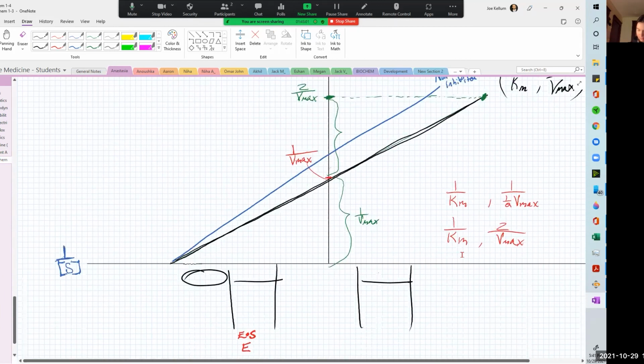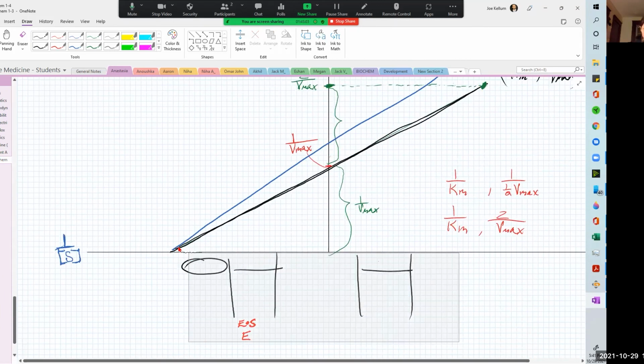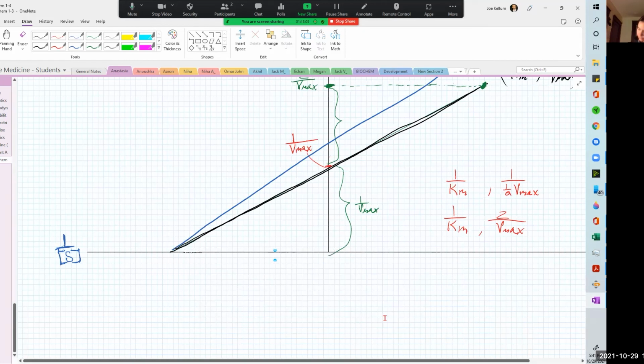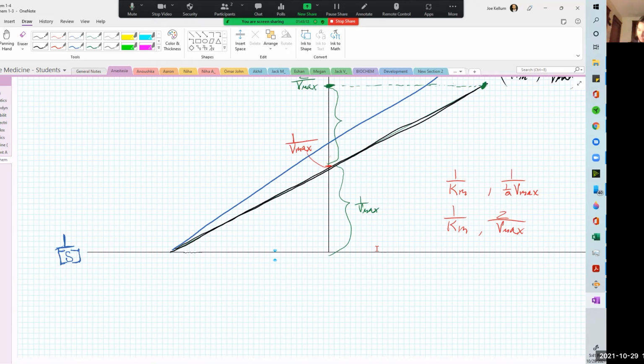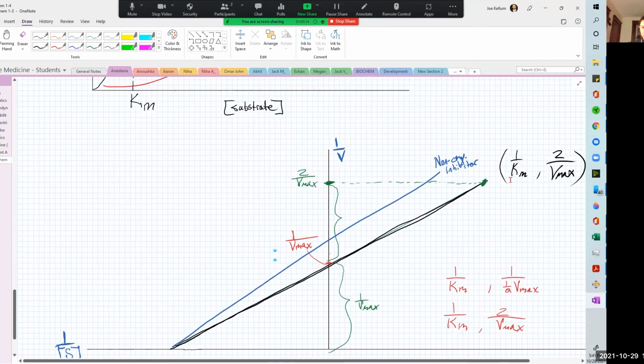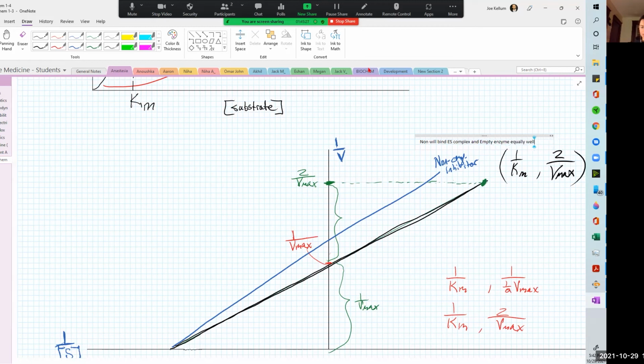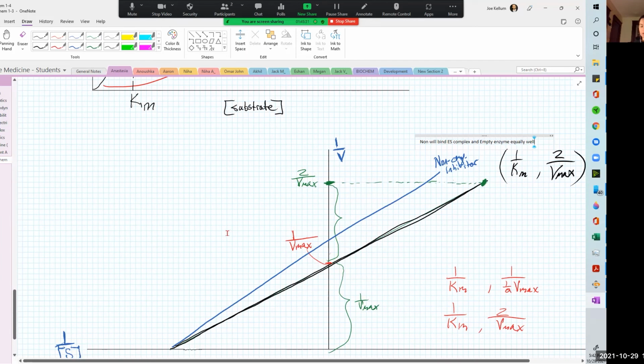All right, so that's the non-competitive inhibitor: it binds to the empty enzyme and the enzyme substrate complex equally well. What about the uncompetitive inhibitor then? Uncompetitive will bind to the complex, the enzyme substrate complex. I don't think it does both. Yeah, it doesn't do both.